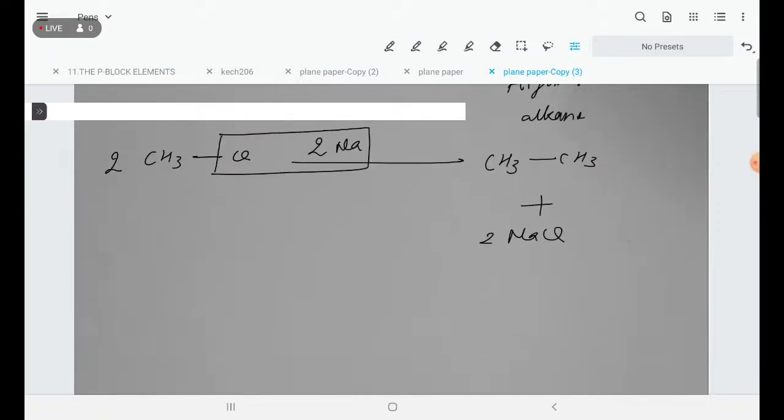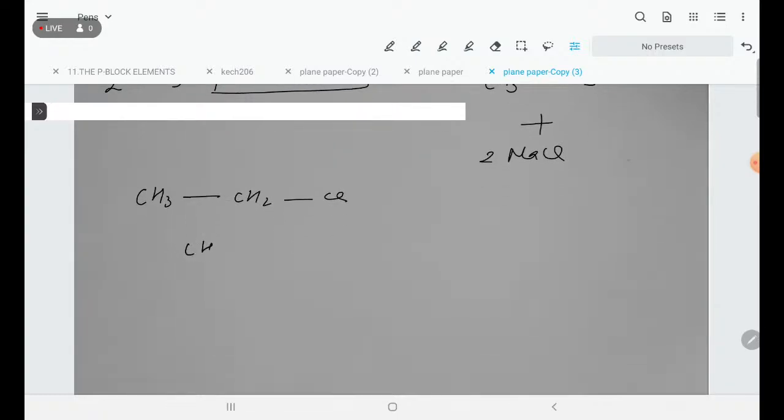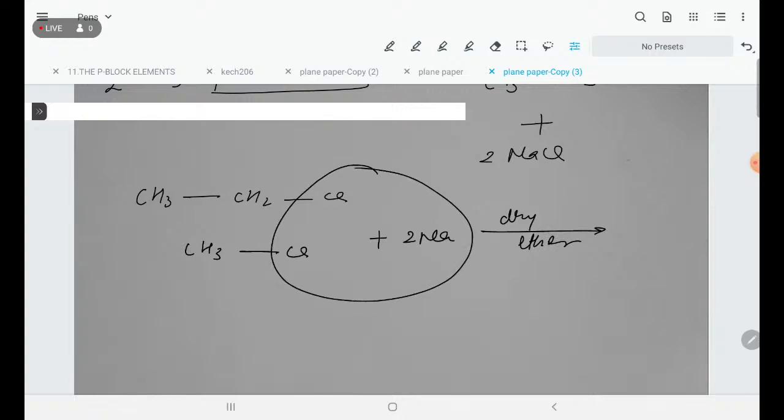Now you see a little higher alkane if you are taking. Suppose I am taking CH3CH2Cl with sodium metal, and this is again going to be dry ether only. This is the medium.